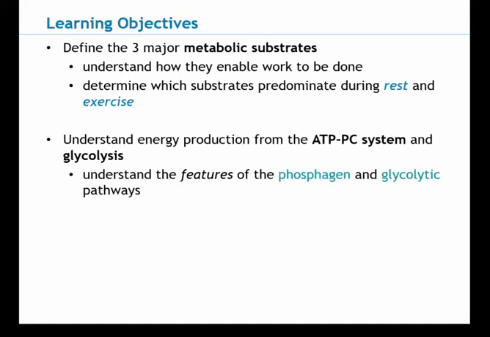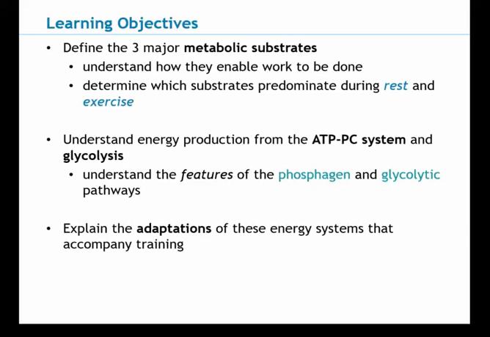Then we'll get into glycolysis, which is the second energy system. And both of these systems are anaerobic, meaning they do not need oxygen to produce energy. And then lastly, we'll explain adaptations to both those systems, and then adaptations that the body experiences when performing anaerobic activity.